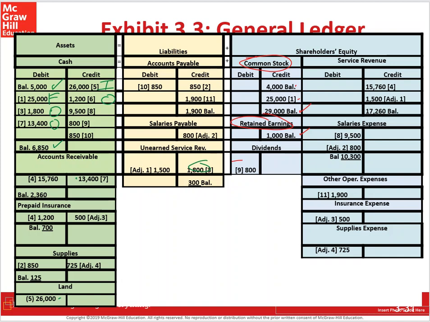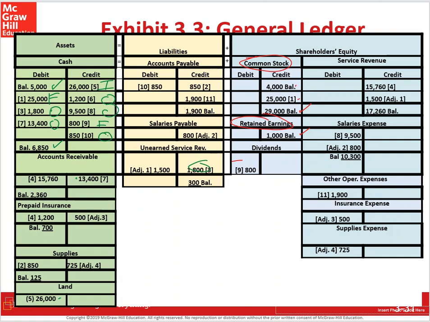Then we have a $9,500 outflow that was for salaries, paying our employees. That's OA. And then we have an $800 outflow that was for paying dividends. So we're paying the financiers, the stockholders of our business. So that's FA. And then we have an $850 outflow that was to pay down accounts payable. So we're paying our bills. That's OA. So now we've labeled all of them.